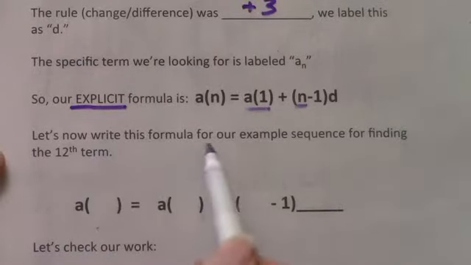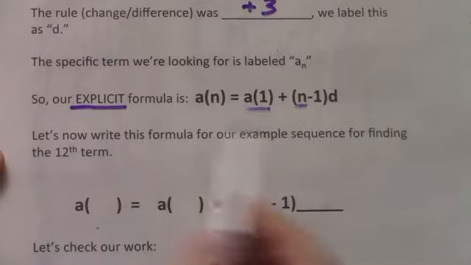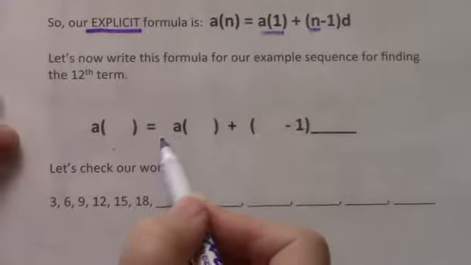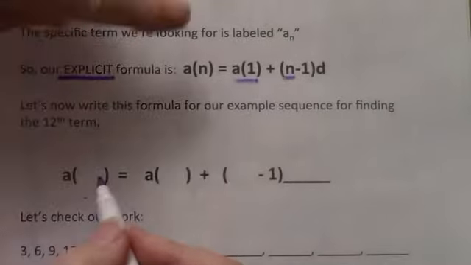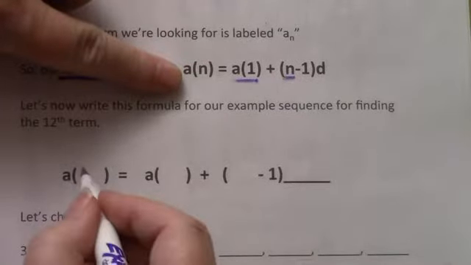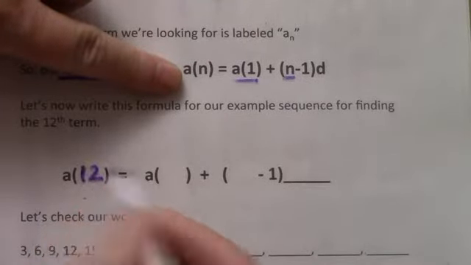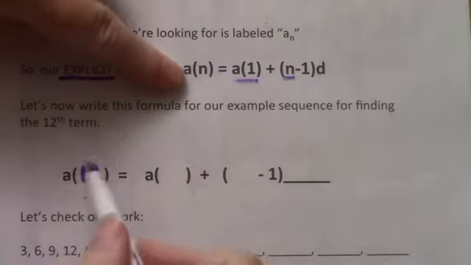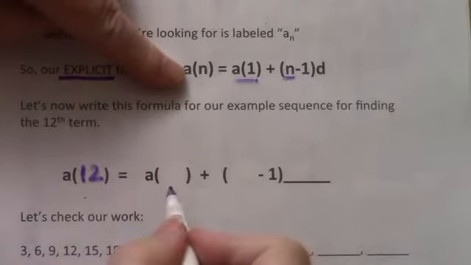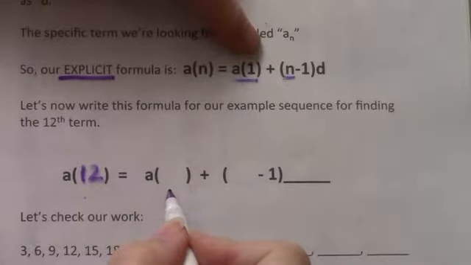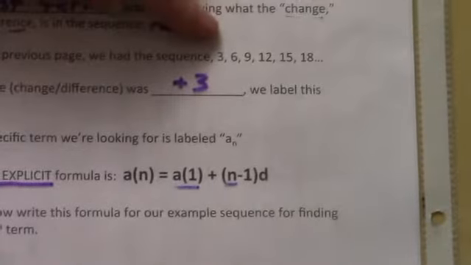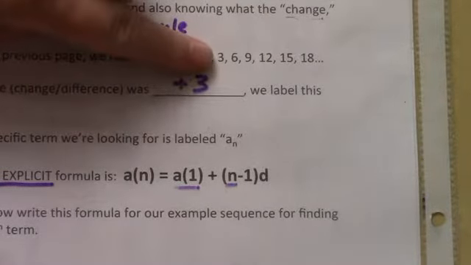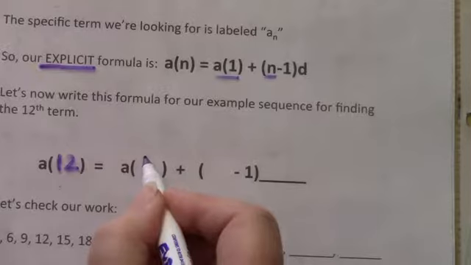Let's now write this formula for our example sequence for finding the 12th term. So here's where we're going to plug in these numbers. Now it's not an n anymore. We know that we're looking for the 12th term. Here's what we're trying to find, the 12th term. What goes here is our first term. Well, in the list that we're looking at, we're using this one up here. Our first term is 3, so that goes here.